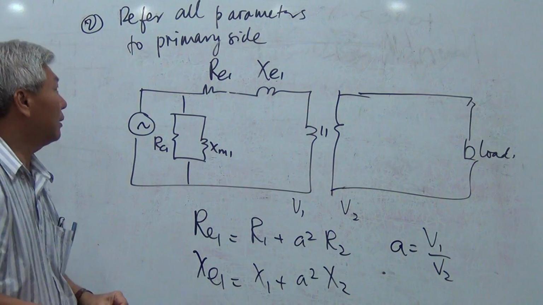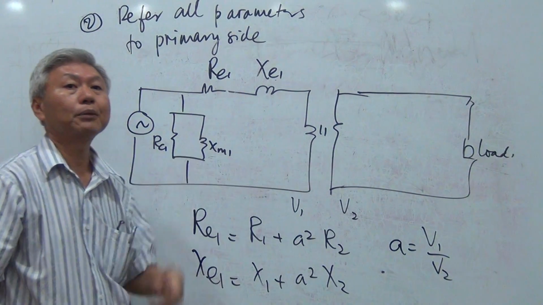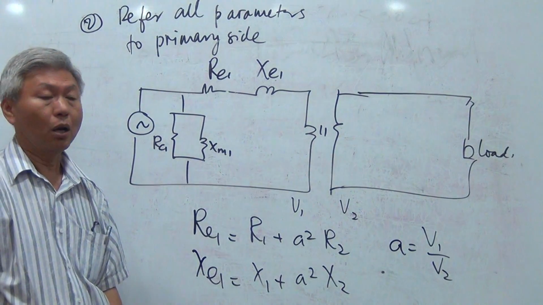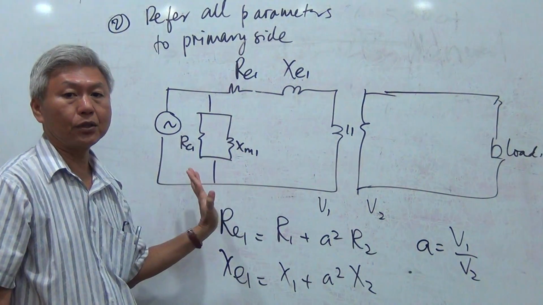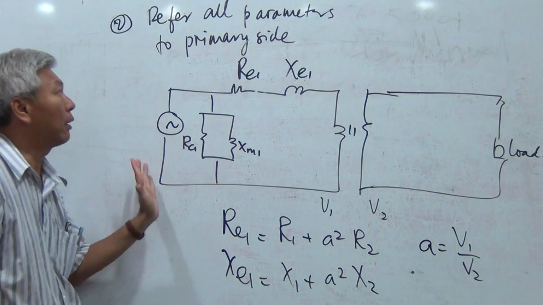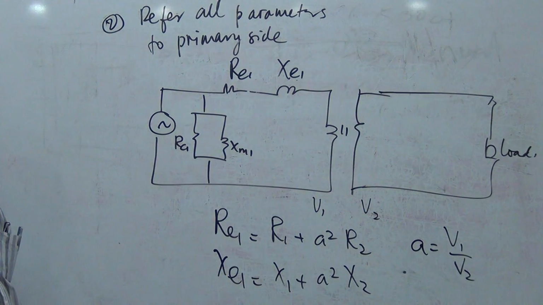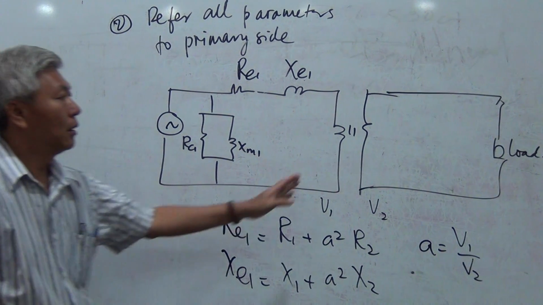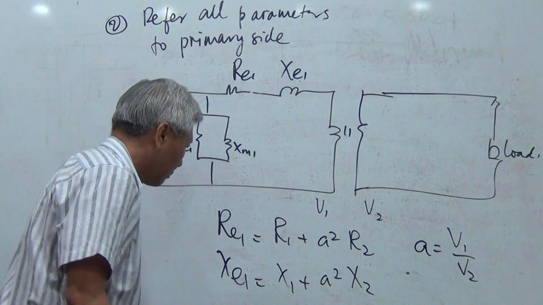So what you learn in this second point is that when you want to refer parameters to the primary, you multiply by A square. What was originally here remains unchanged, like these 2, they remain unchanged. That's what it means by referring parameters to the primary side. Okay, summarize: to bring things to the primary, you multiply by A squared.